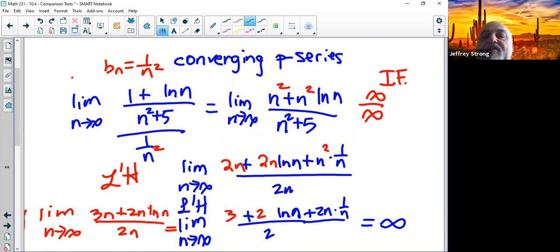So I get the derivative of n squared is 2n. The derivative of n squared natural log of n, there it looks like I've got to use the product rule. So the derivative of n squared is 2n natural log of n plus n squared times the derivative of natural log of n, which is 1 over n. And then the derivative of the denominator is 2.